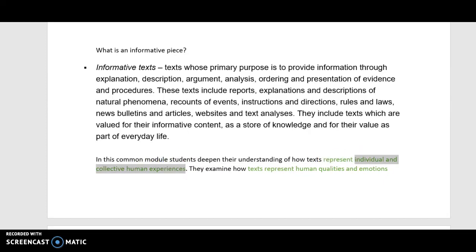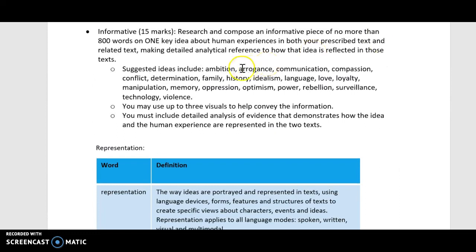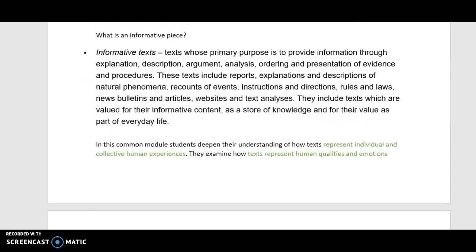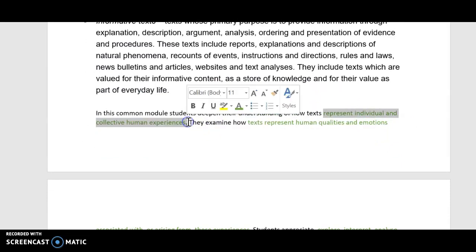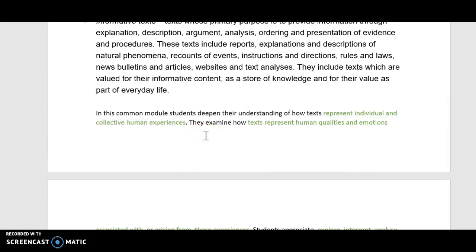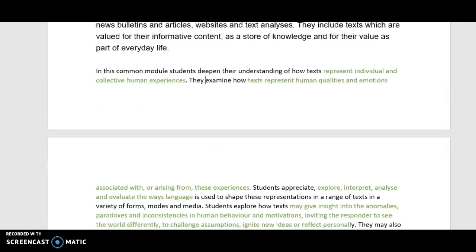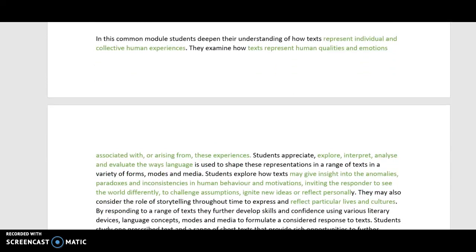Now that's important to note because up here, it just says human experiences just here. It's expecting you to understand that human experiences are both individual and collective. You need to talk about both of them. It then says they examine how texts represent human qualities and emotions associated with or arising from these experiences.